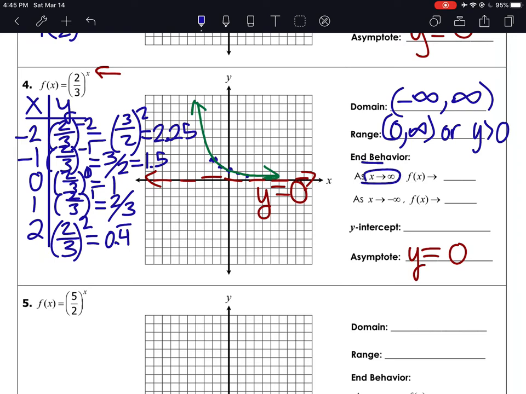As you're going to the right, you can see that the function is approaching the number 0. As you're going to the left, the graph is going up, same thing as saying f of x is approaching positive infinity. Your y-intercept is 0, 1.